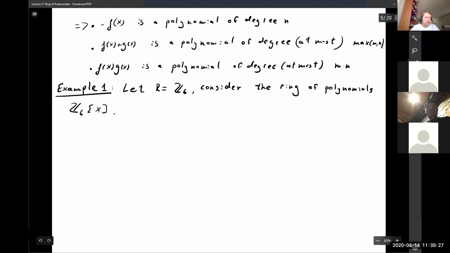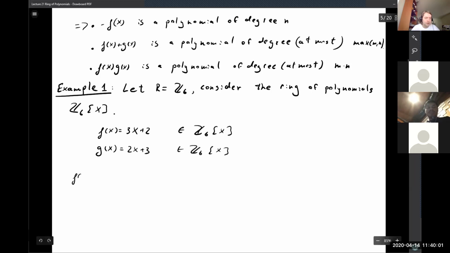Okay, so let's take two elements. Say f of x would be 3x plus 2 in Z6 of x. And let's take g of x, which would be 2x plus 3 in Z6 of x. And let's multiply the two.